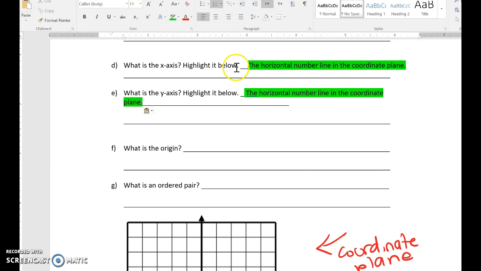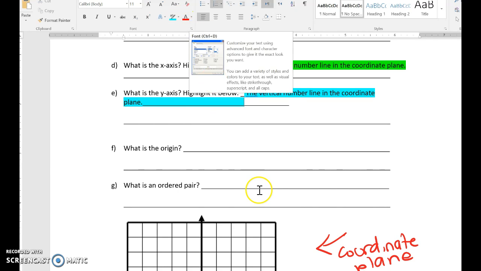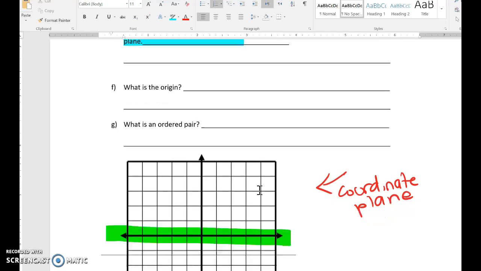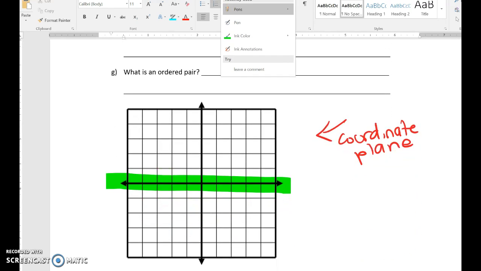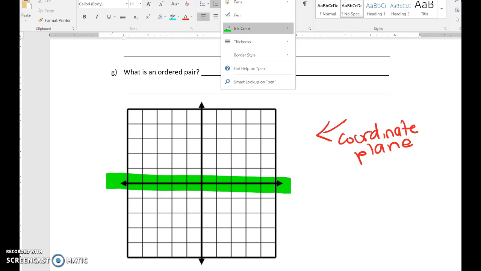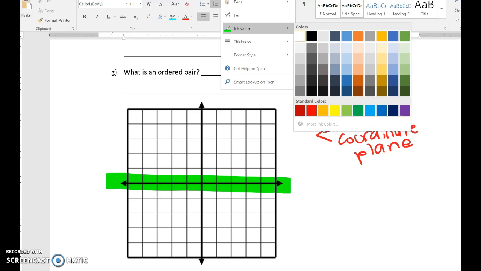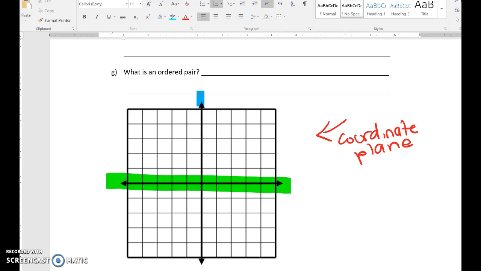Now the y-axis is the vertical number line. It tells us how far up and out things are. Oh, and now I've made that blue. So what I'm going to do right now is highlight the y-axis in blue so that when I look at my page and I see the two colors match, I'll know that they go together, okay?